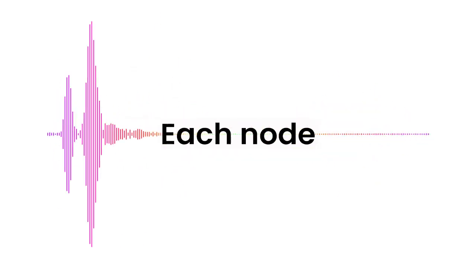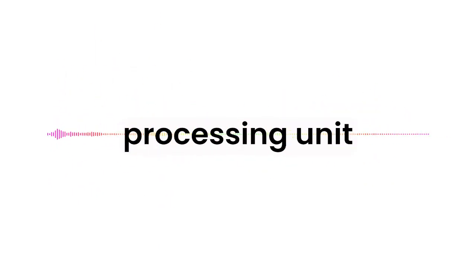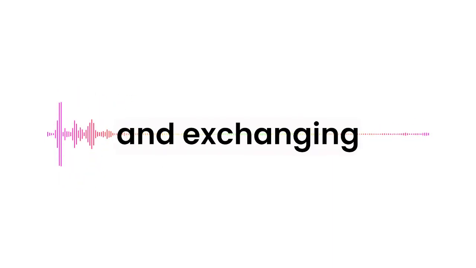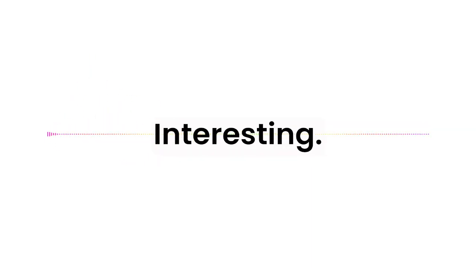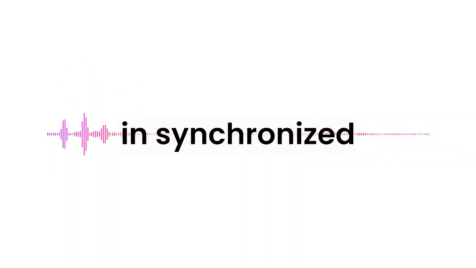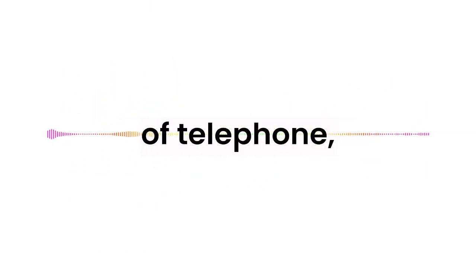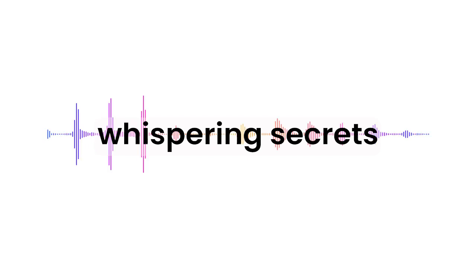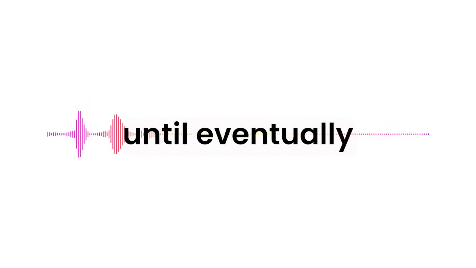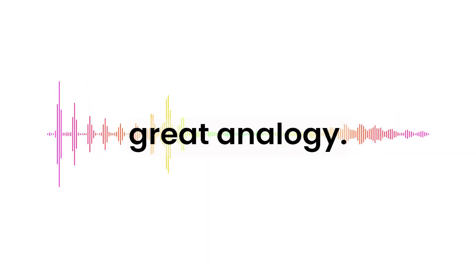You got it. Each node becomes a little processing unit, performing calculations and exchanging messages with its neighbors. These messages travel back and forth in synchronized steps called supersteps. So it's like a massive game of telephone, with each node whispering secrets to its neighbors until eventually some kind of pattern emerges. That's a great analogy.